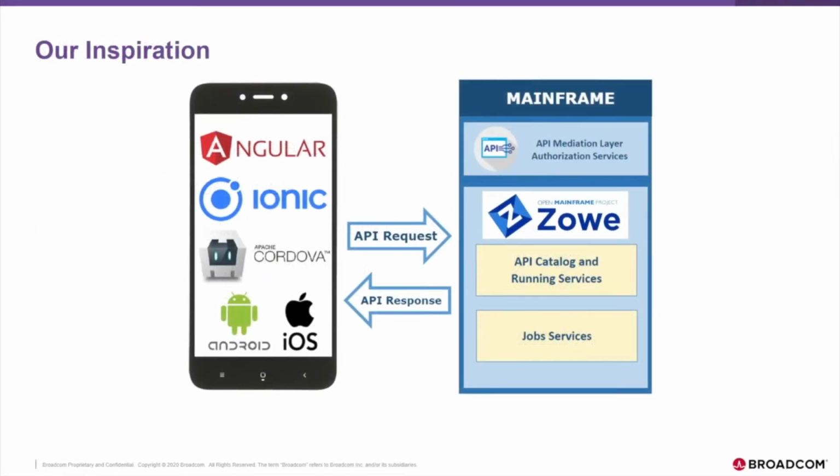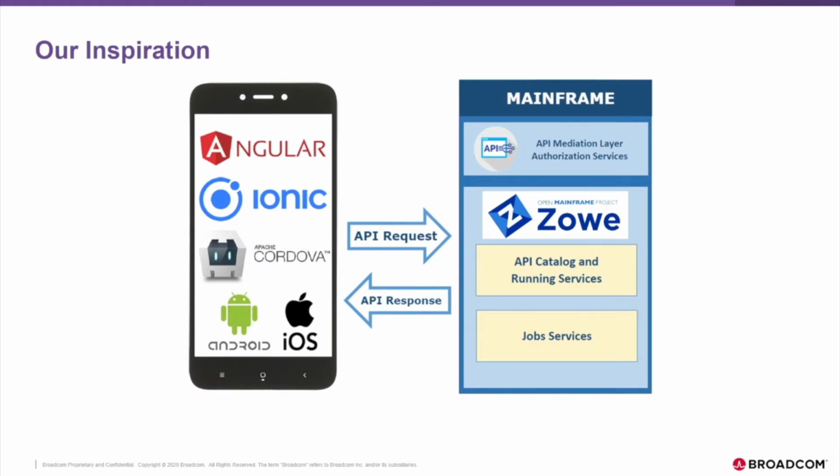The architecture behind ZoweOut was inspired by our previous Zowe Hackathon project. In Broadcom's internal Zowe hackathon, Jelly and I, along with our colleagues David and Marqueta, came up with a Zowe mobile application. Here, we used open source tools like Angular and Ionic for the mobile client side.